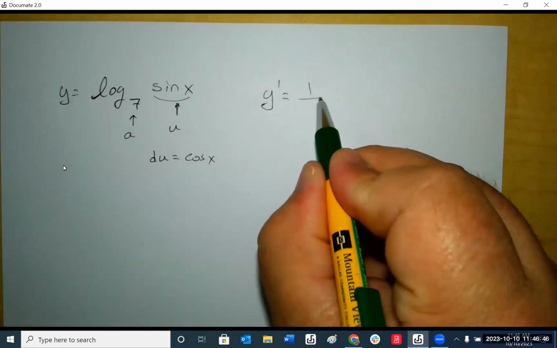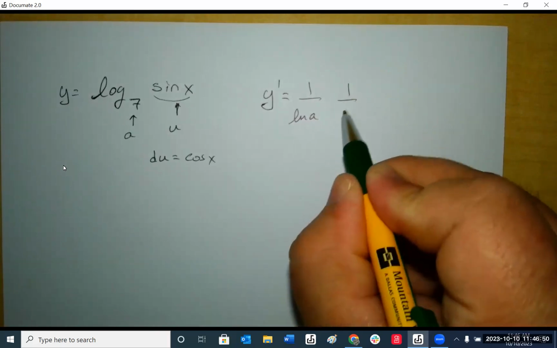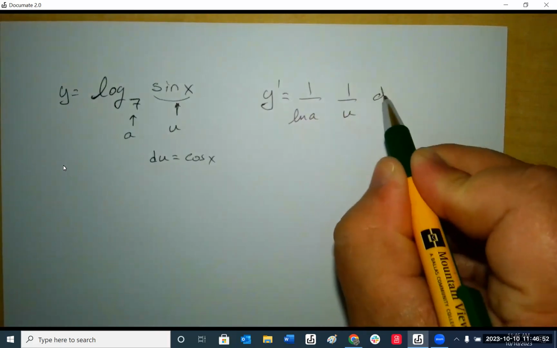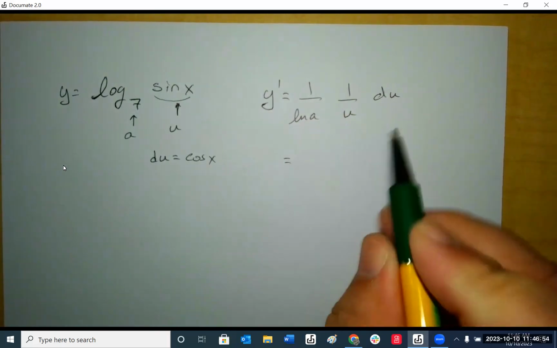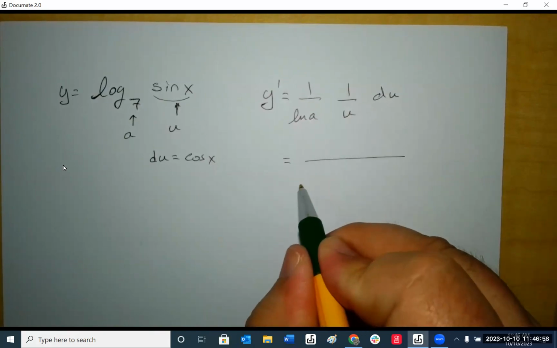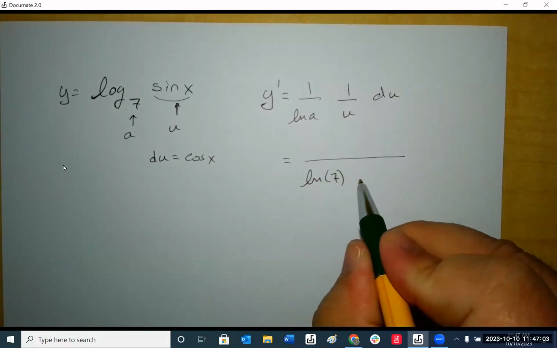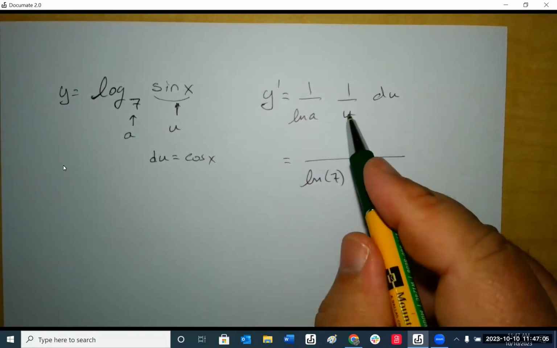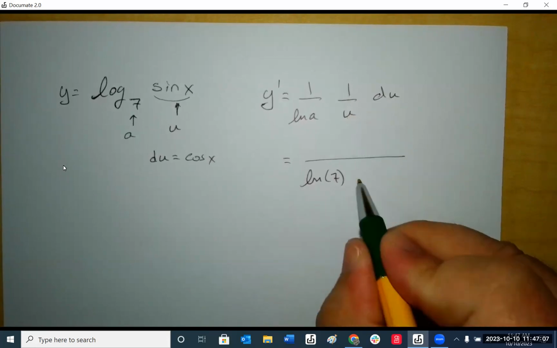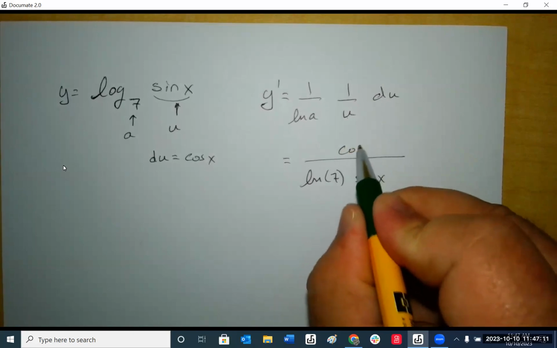So the answer is 1 over ln a, 1 over u du. Ln 7, 1 over u. Yeah. Sine x. On top, it's cosine x.